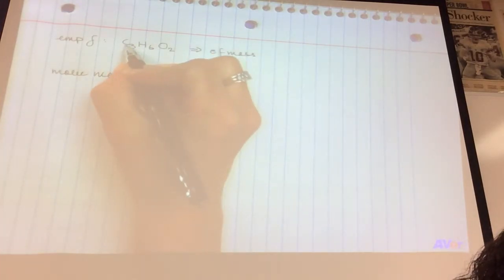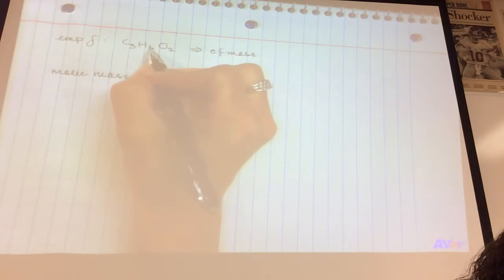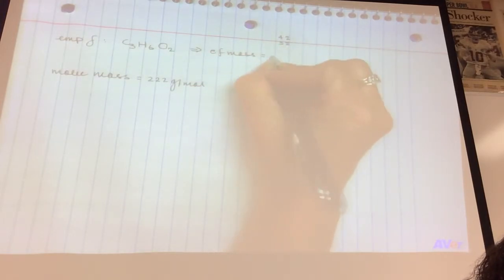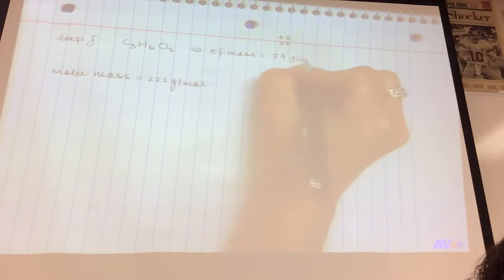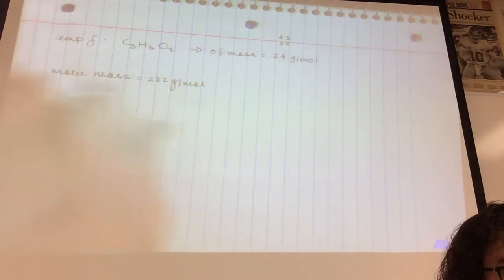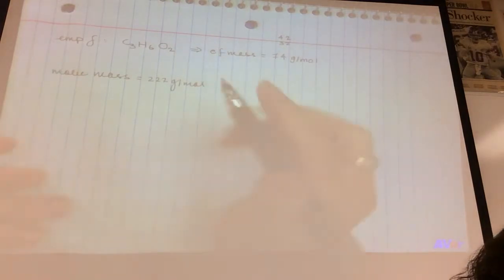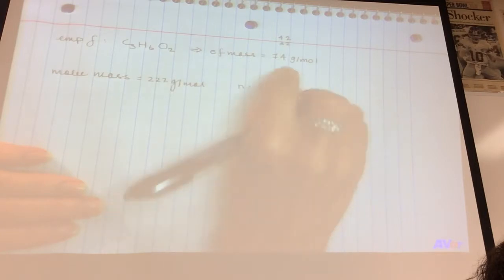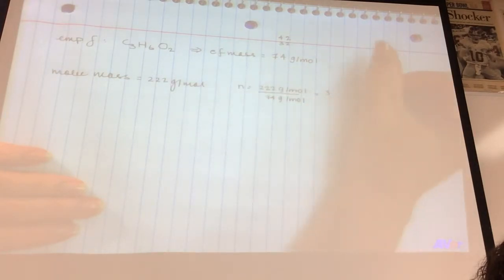You've got 3 times 12 is 36, plus 6 is 42, plus 32 is 74 grams per mole. Sometimes you have to do stuff without a calculator, so be careful. Your N, we know, is the molecular mass that was given over the empirical formula mass that you calculated, for an N of 3. So what is the molecular formula?